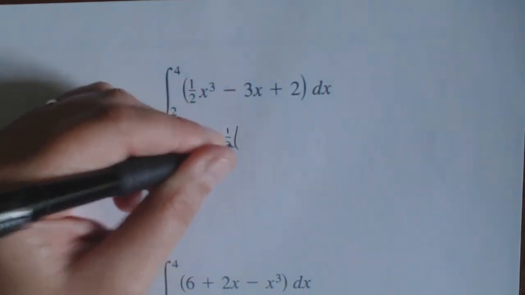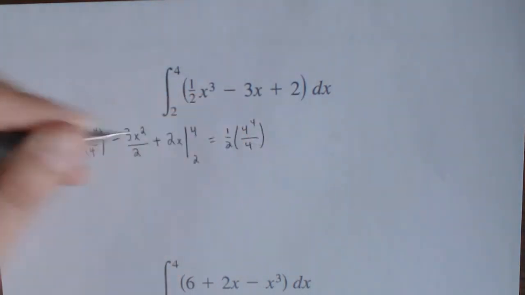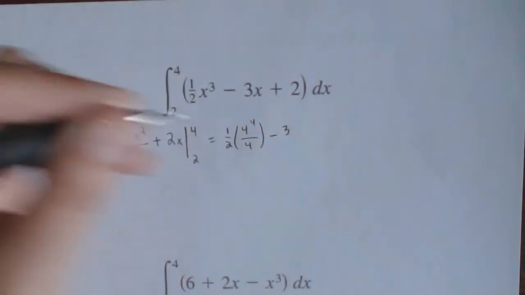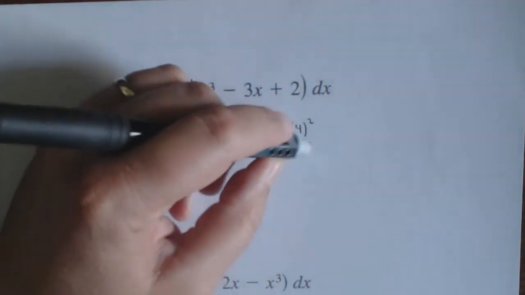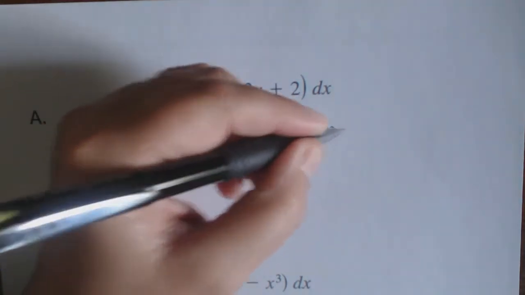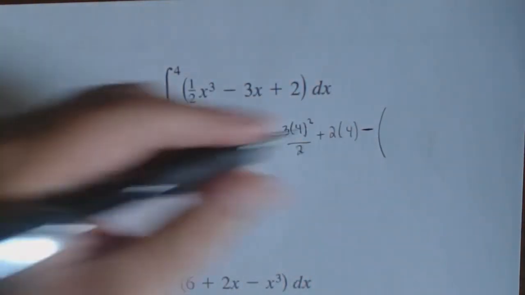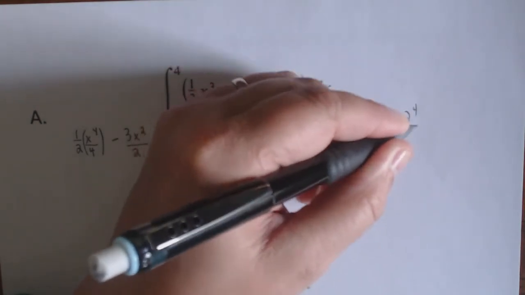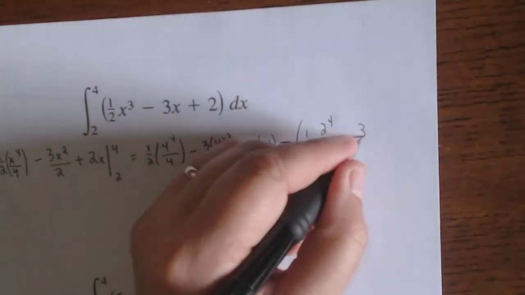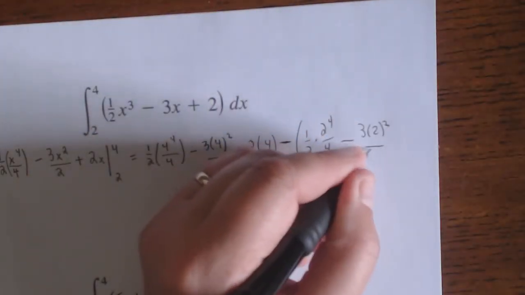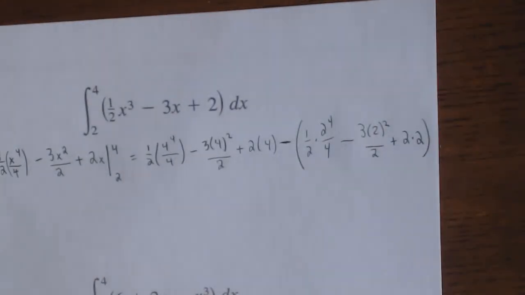That's going to be 1/2 times 4 to the 4th over 4 minus 3 times 4 squared over 2, plus 2 times 4, minus parentheses, now we're going to put 2 in, so that's 1/2 times 2 to the 4th over 4, minus 3 times 2 squared over 2 plus 2 times 2. And all of that is in parentheses.